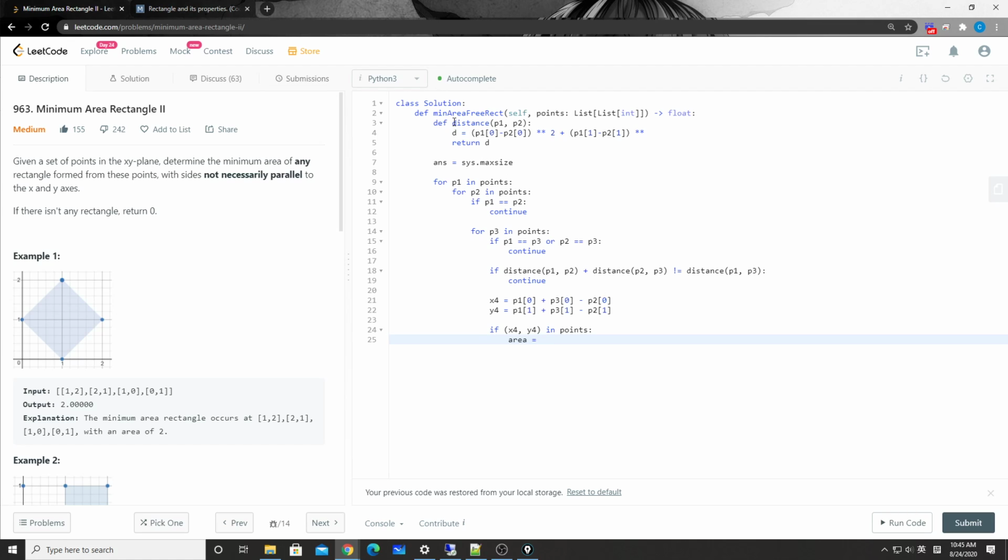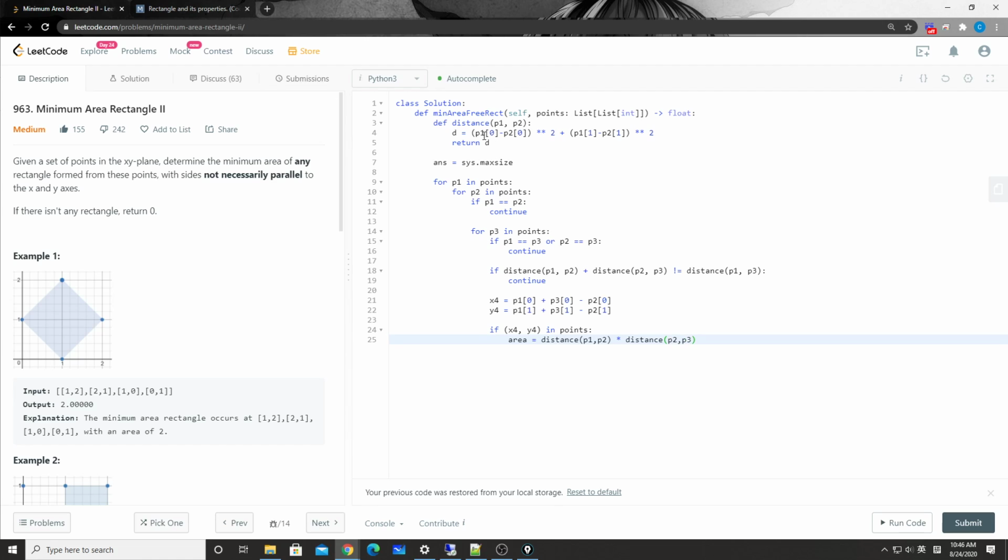We can utilize this method, but the only difference is the two sides: the distance between P1 and P2 times the distance between P2 and P3.